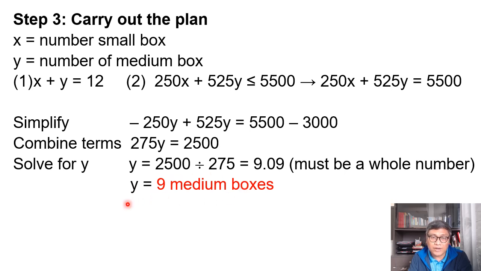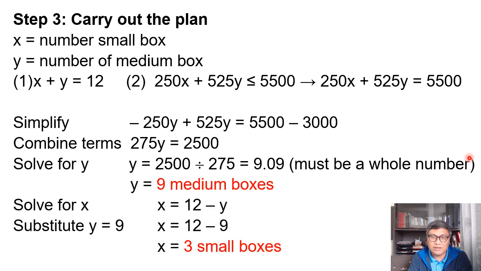So now I already have that there should be 9 medium boxes. If there are 9 medium boxes, because I know that the total is 12, then definitely I can solve for the variable x. So x is equal to 12 minus 9, then x is equal to 3, which is now 3 small boxes.